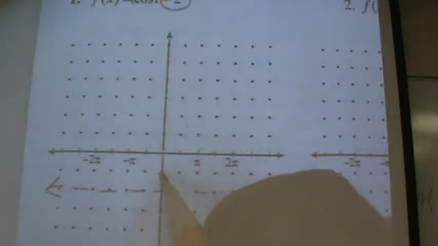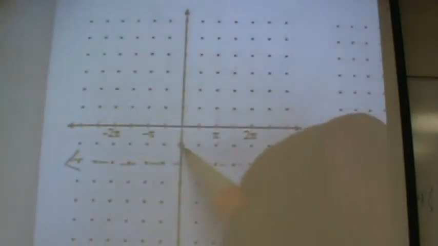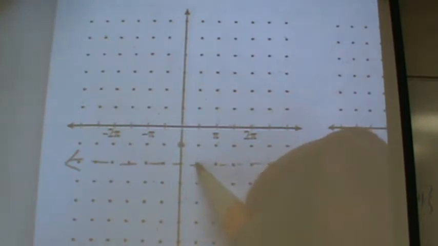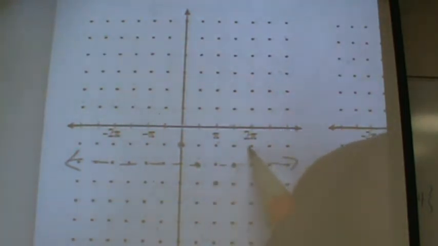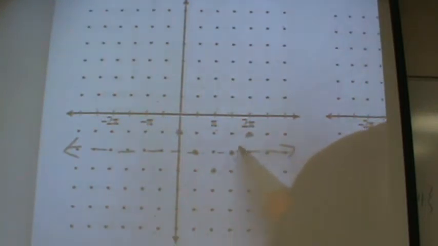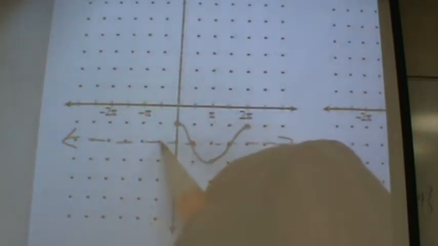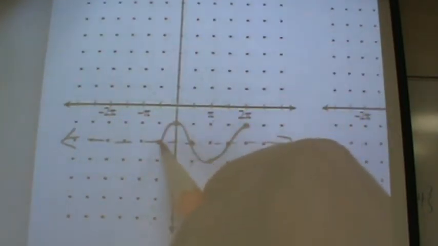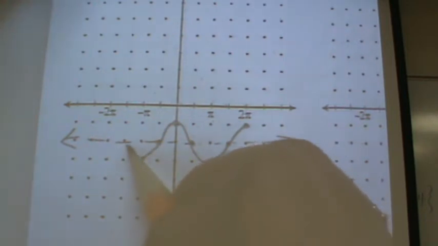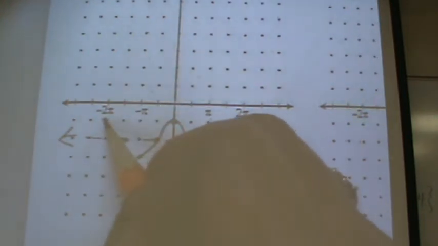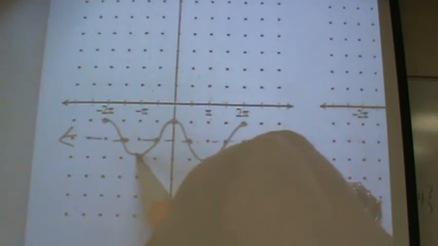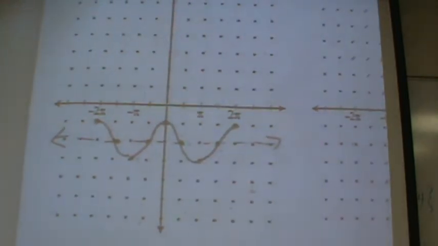It starts 1 unit above, so it's going to be above, on, below, on, above. So it looks like a cup. Now they want you on this homework to go backwards to -2 pi. So there you go. That's the first graph.